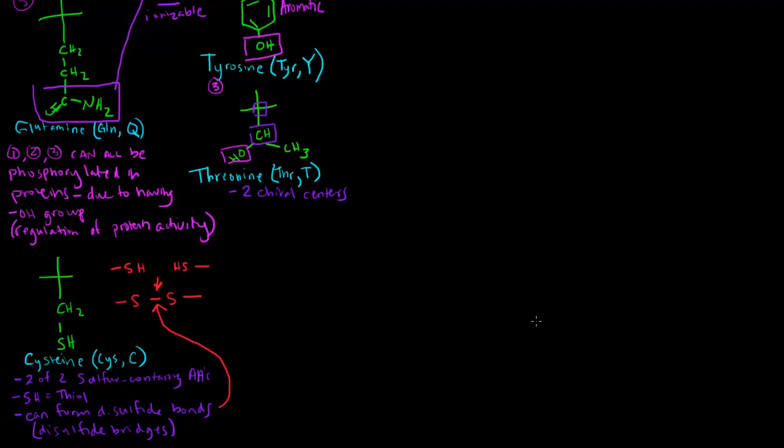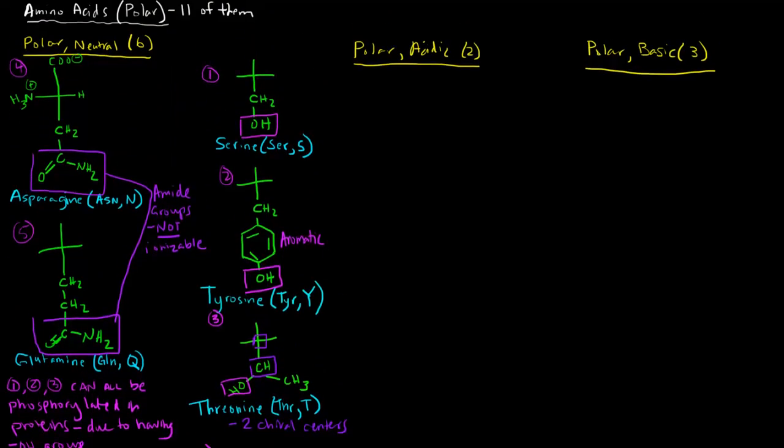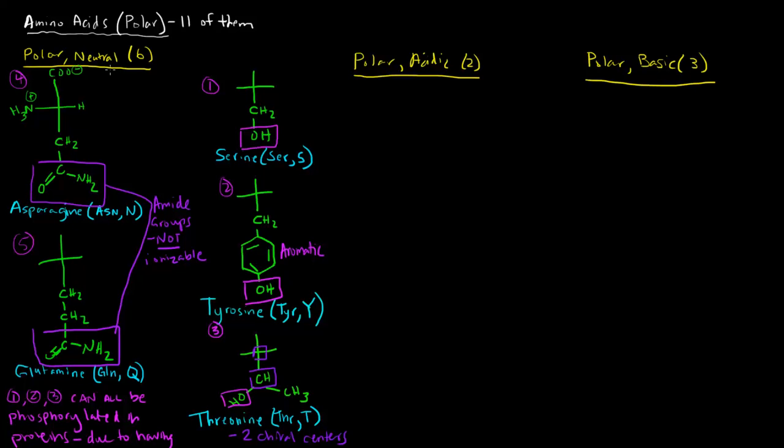So that's all the polar neutral ones. So I guess I should put 6 right here. So that's 6 total. Let's talk about the acidic and basic ones now. Scroll right back up. Let me separate these really quickly so we don't get too confused.